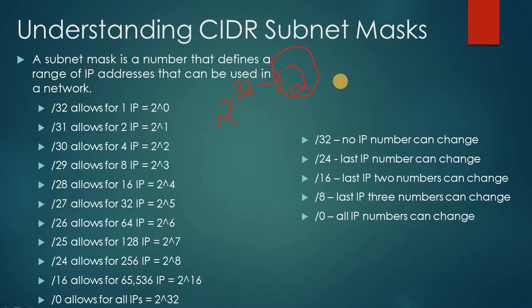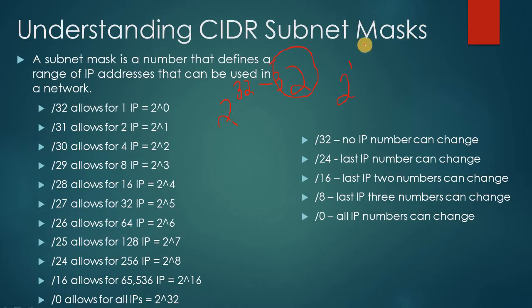So 2 to the power of 0 means 1, so you will have one IP address.